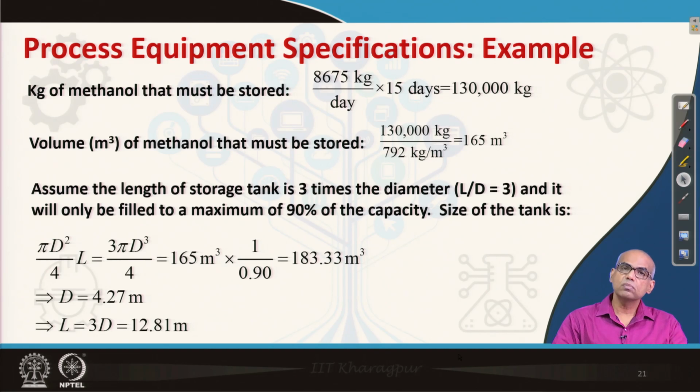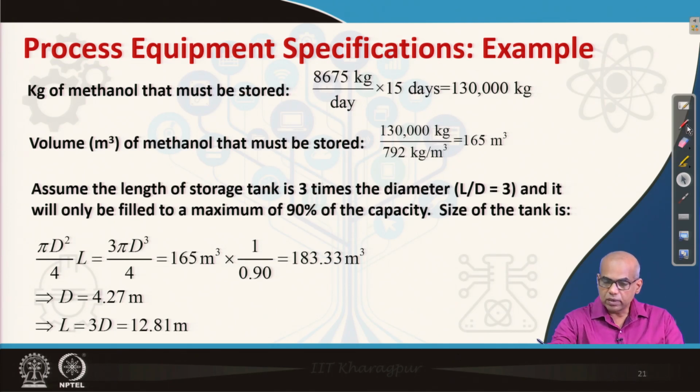Now, let us assume the length of the storage tank is 3 times the diameter. So, L by D is 3 and it will only be filled to a maximum of 90% of the capacity. Then the size of the tank can be easily obtained. So, pi d square by 4 into L, which when you put L by D equal to 3 will be 3 pi d cube by 4.